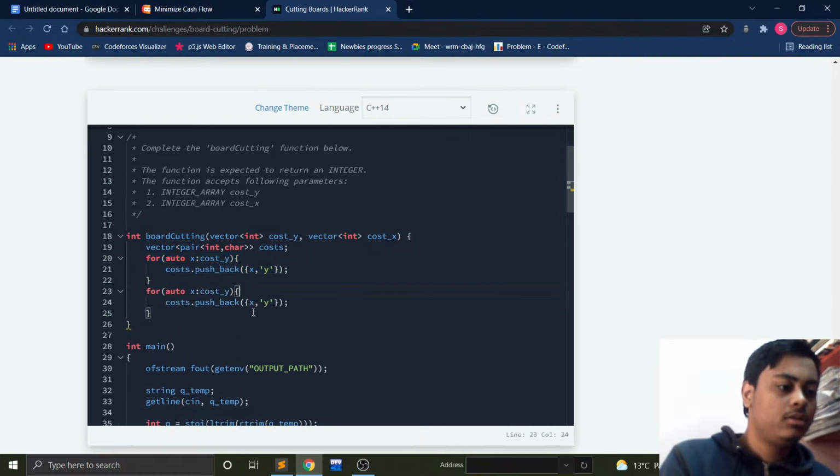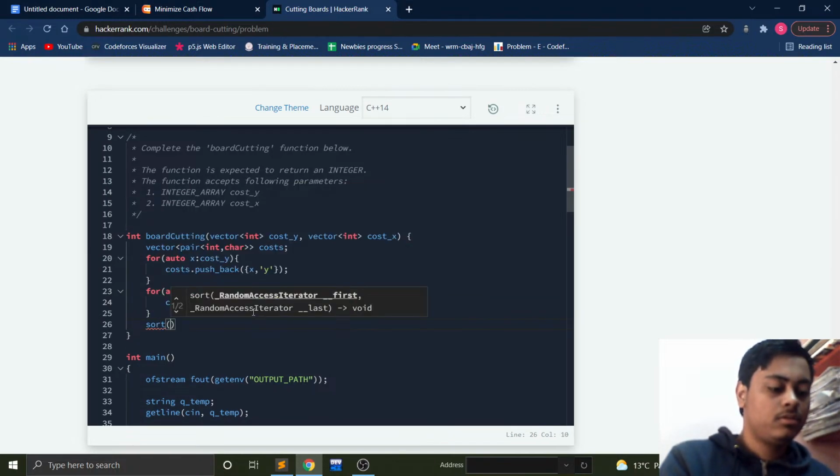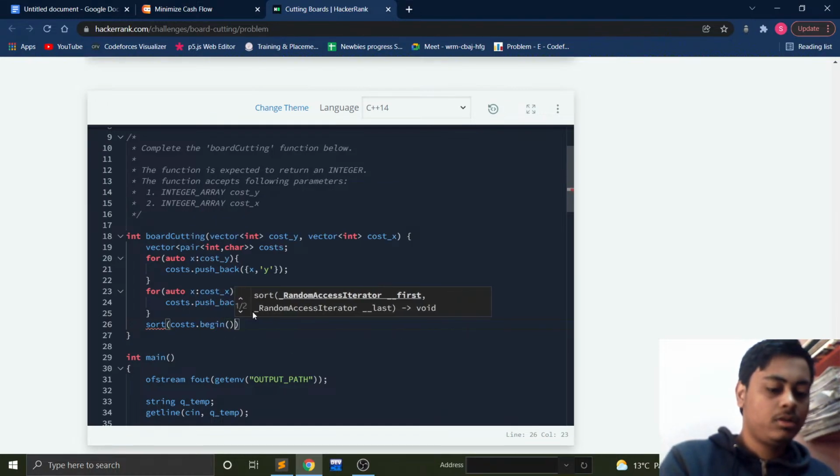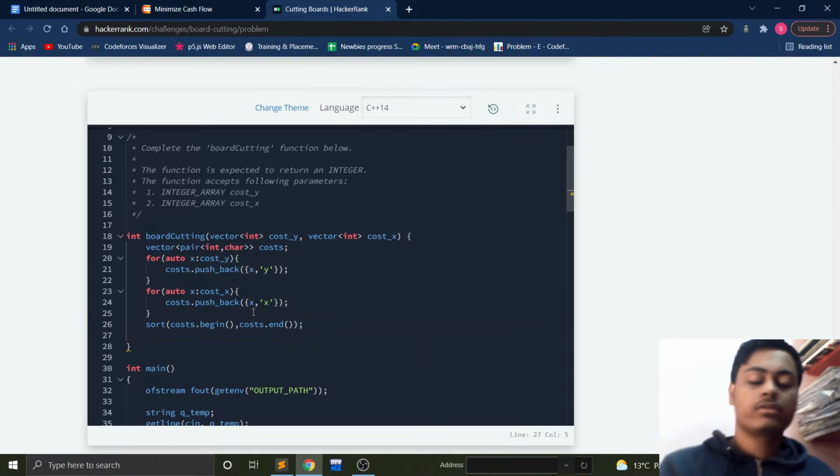Similarly for the other one also, x. Okay, and then you can sort costs dot begin, costs dot end. Okay, we've sorted them.